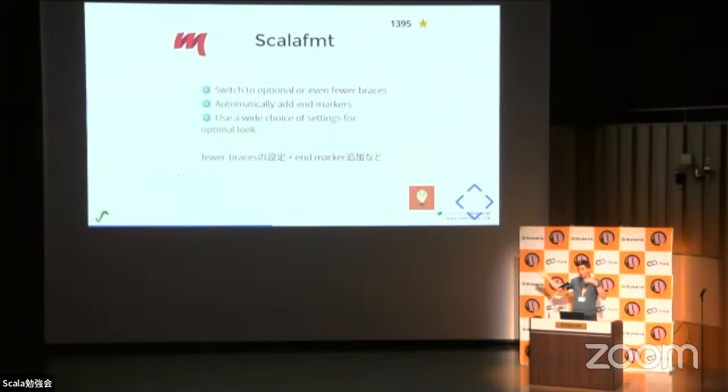It can also, for those cases, automatically add end markers if your blocks of code are longer than a certain limit. And you can also experiment with a really wide choice of settings. You can check the website. There are nice examples of before and after that you can use.